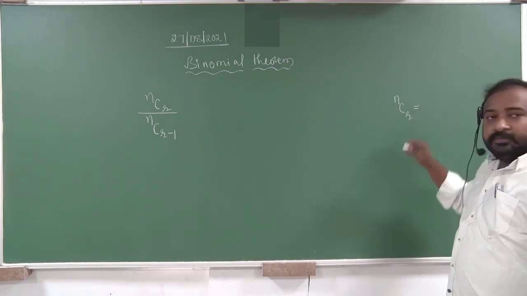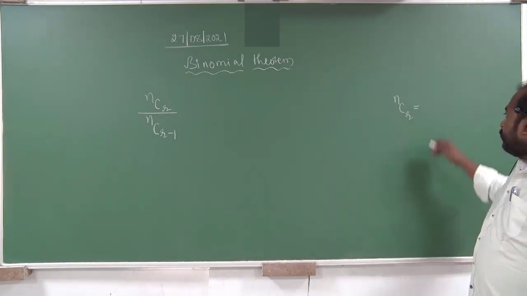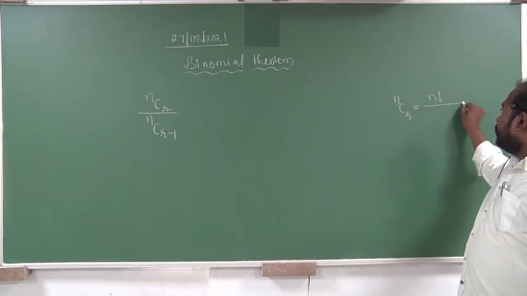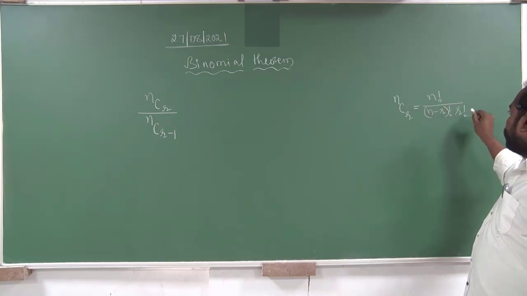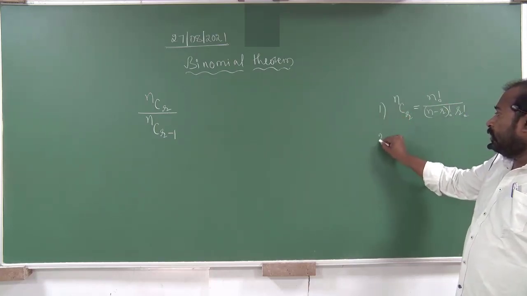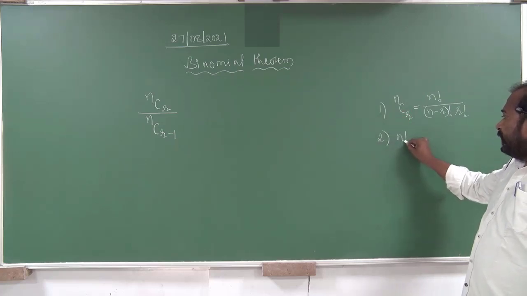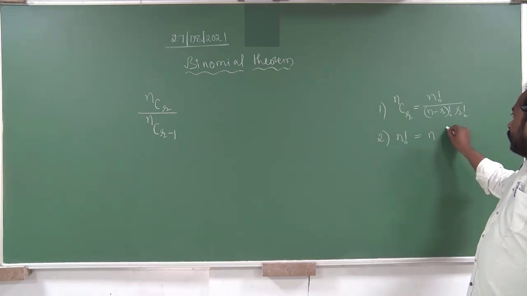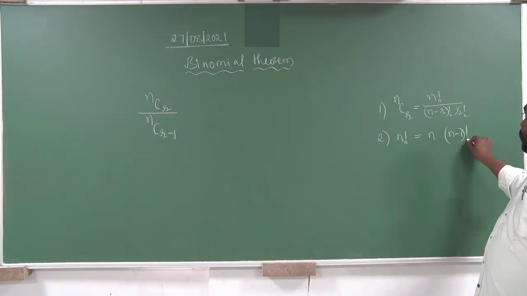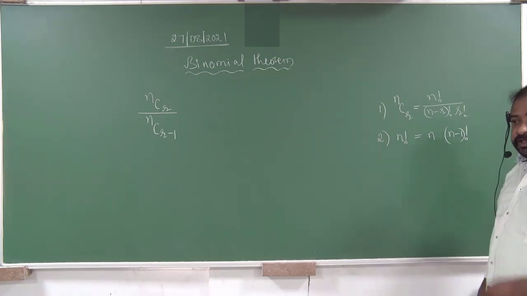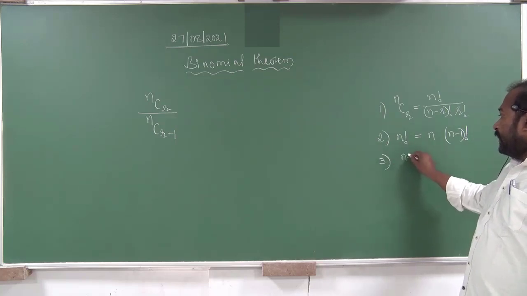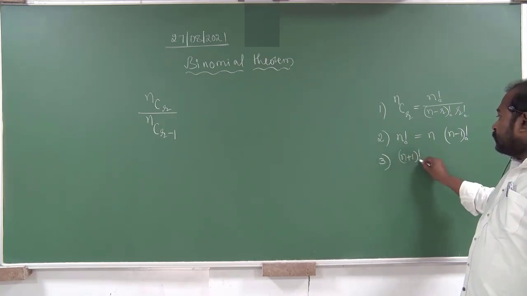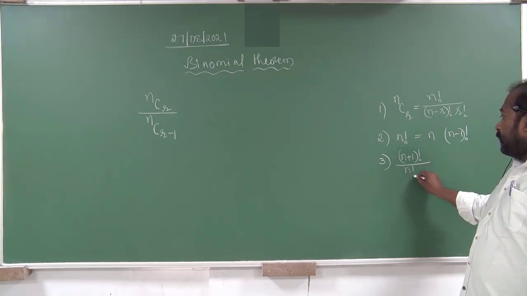Already we know the nCr formula. What is the nCr formula? n factorial by (n minus r) factorial into r factorial. This is the formula we already gave. And n factorial you can write as n into (n minus 1) factorial. One more thing: for example, numerator (n plus 1) factorial by denominator n factorial.